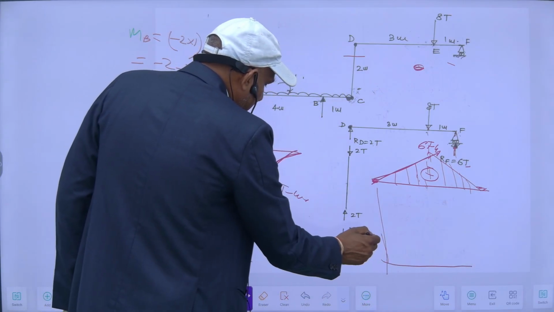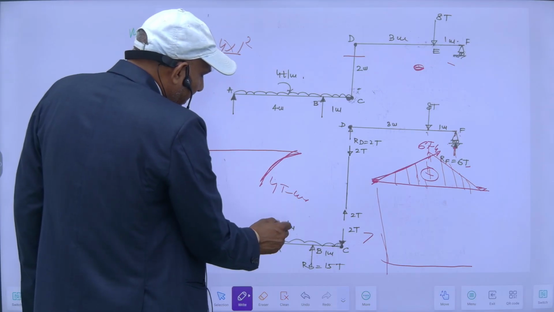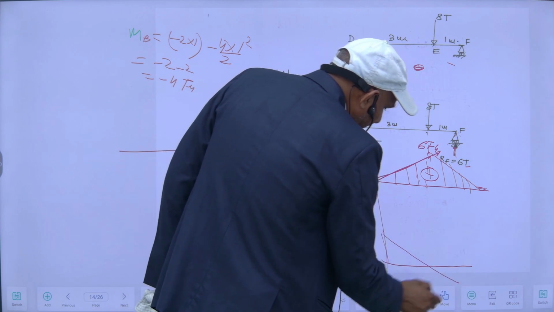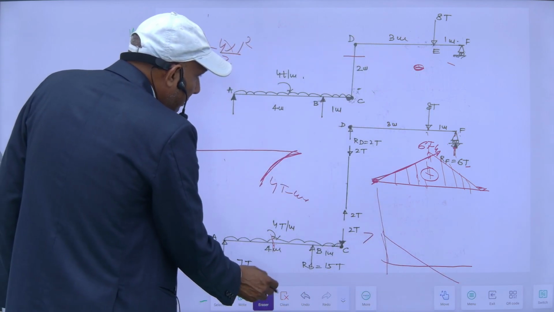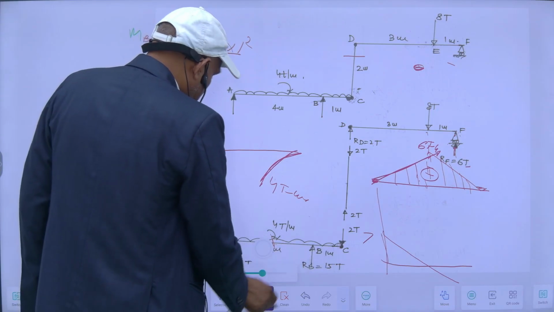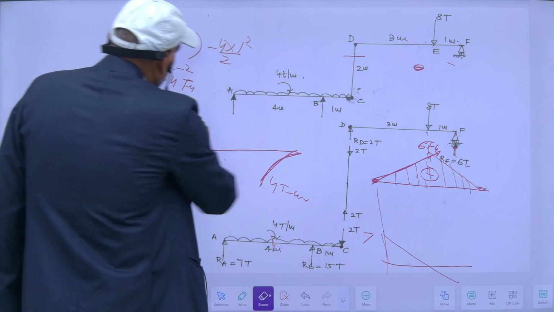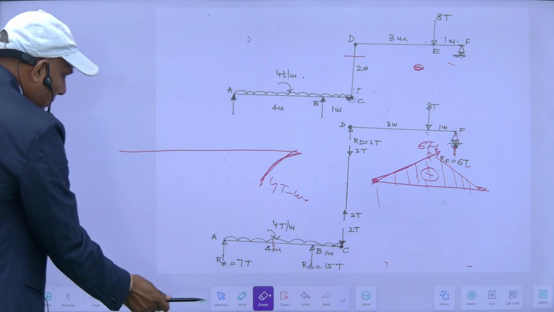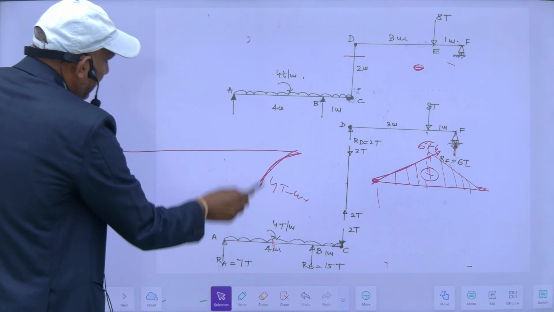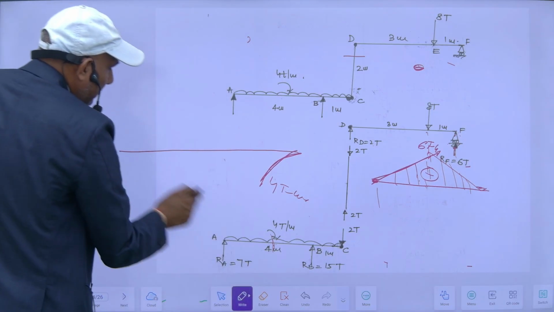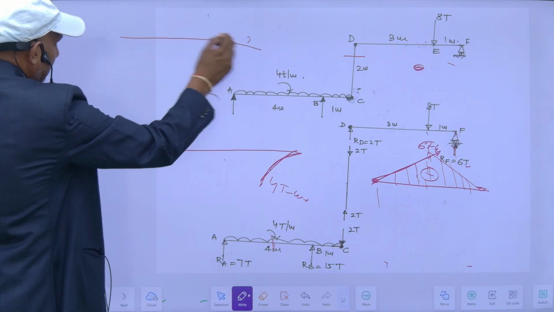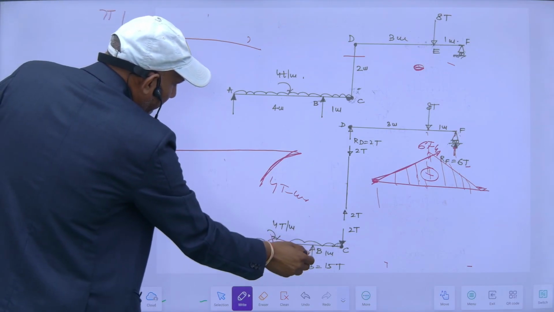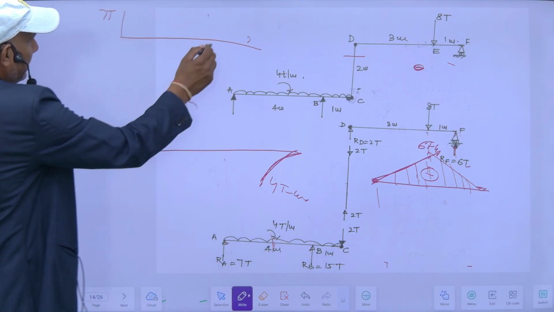7 ton, then 7 minus 4 into 4, 16, 7 minus 16 is equal to minus 9. Oh, sorry. Let's draw its shear force diagram here. This is the 7 ton baseline, so 7 ton, then 7 minus, this is 4 into 4, 16, 7 minus 16 is equal to minus 9.